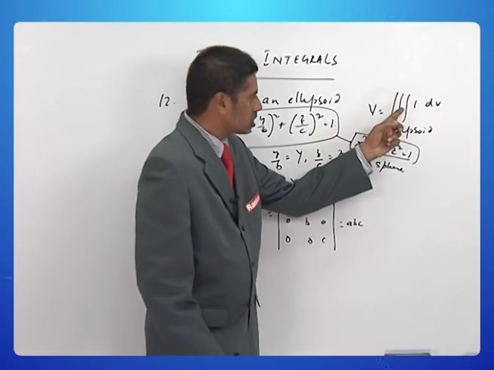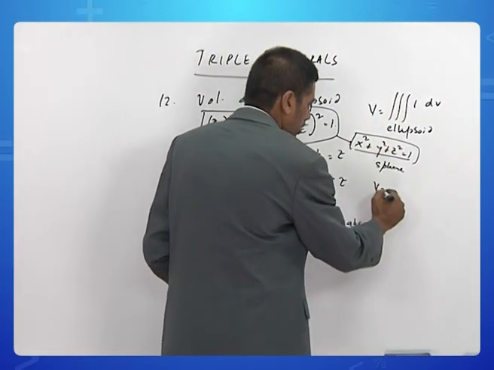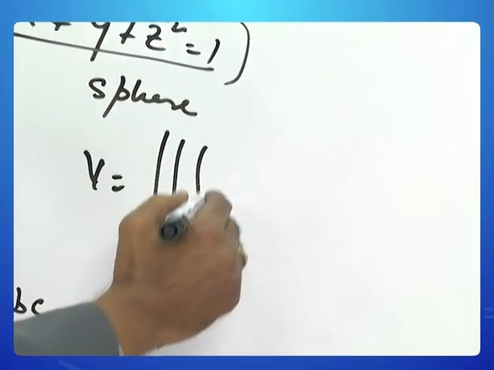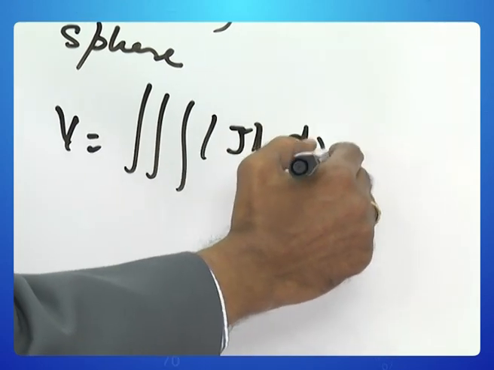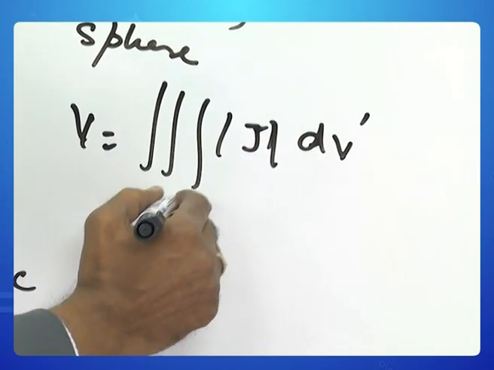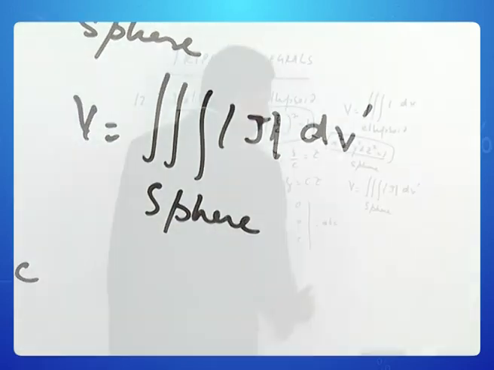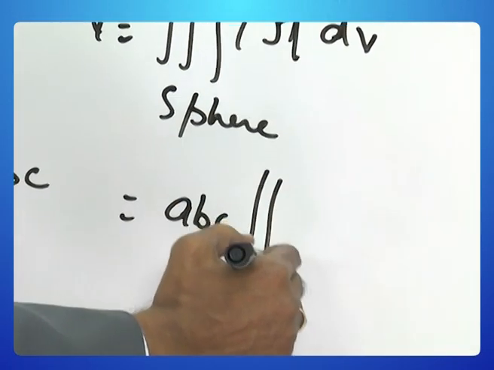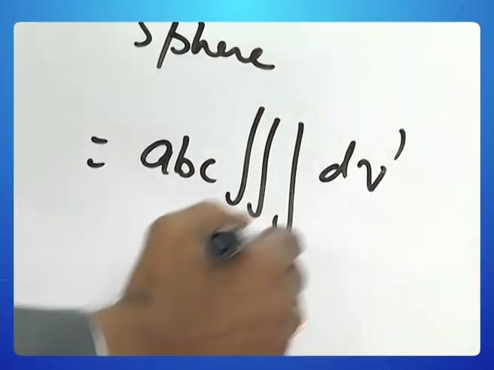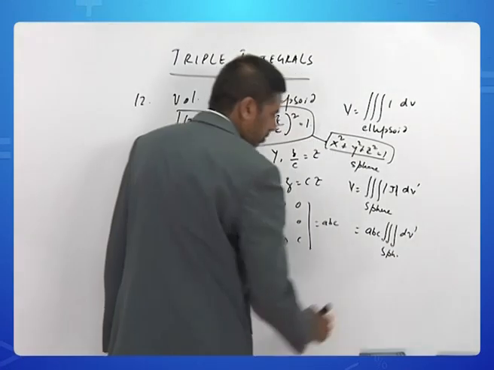So what happens to this is triple integral mod J, let us say dV dash over the sphere. So this is nothing but abc triple integral dV dash over the sphere.